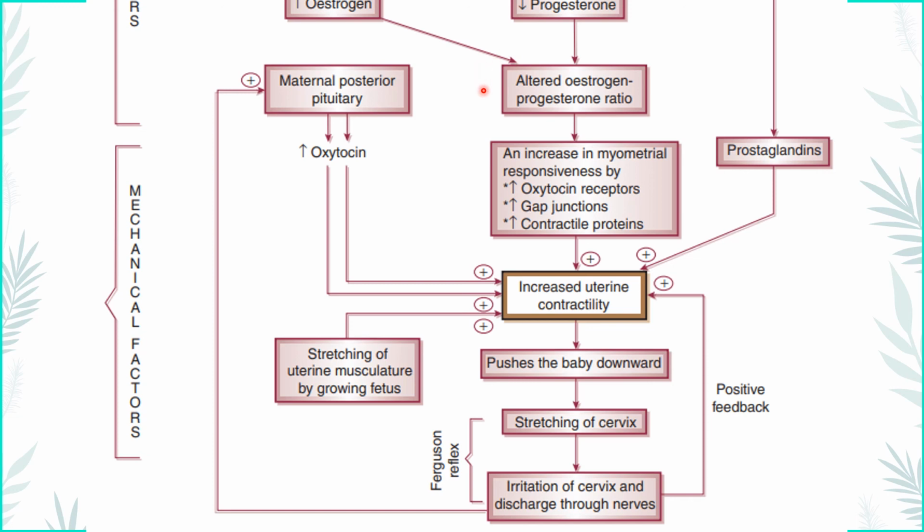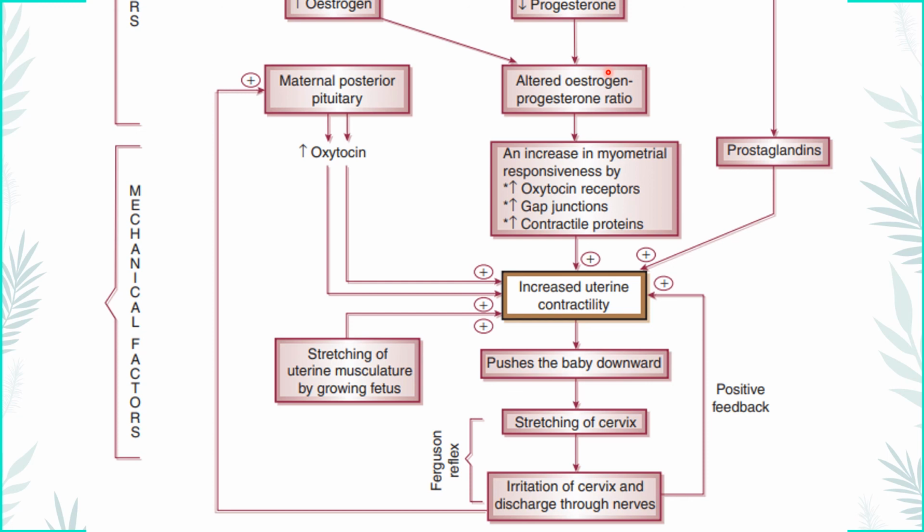The stretch of uterine musculature usually increases its own contractility, that is the myogenic theory. As the pregnancy advances with the growing fetus, the stretch increases, leading to uterine contractility.